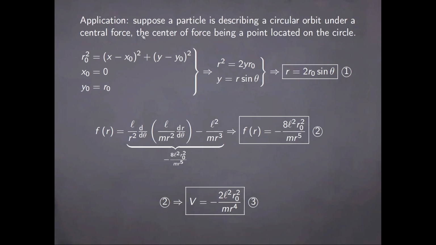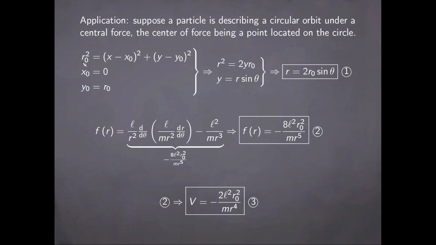As an application, consider the situation where a particle is describing a circular orbit under a central force, with the condition that the center of force is situated in a point located on the circle.